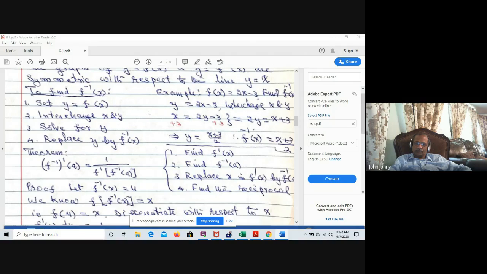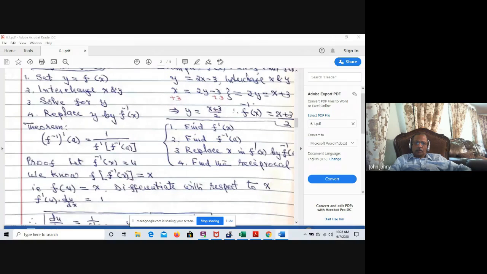And the proof is given here. Proof: let f inverse x equal u. Therefore, f of f inverse x is x. That is the definition of inverse function. That is, f(u) equals x. Now you differentiate with respect to x. You get f prime u times du over dx.